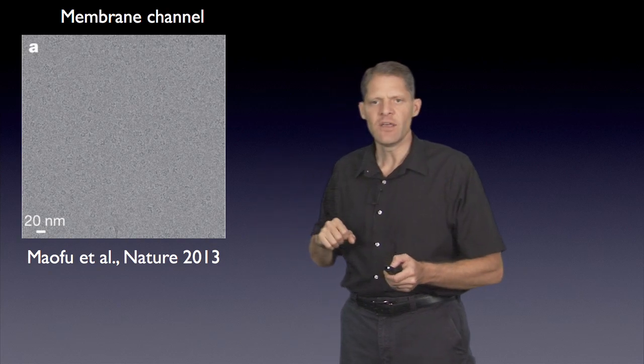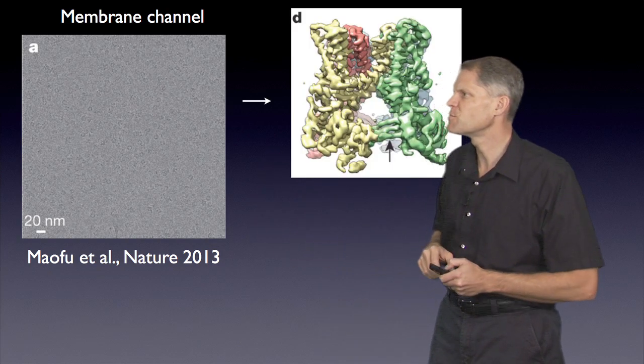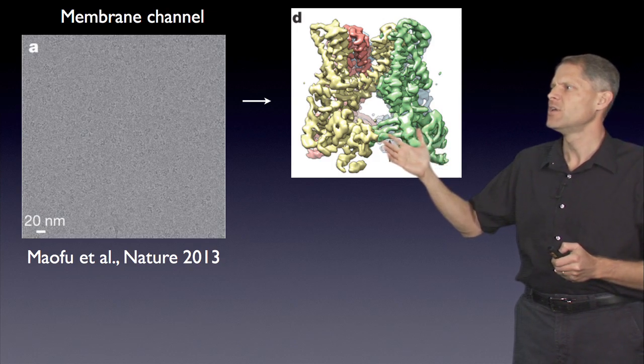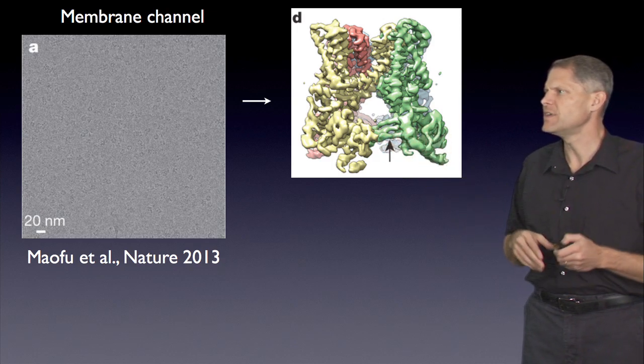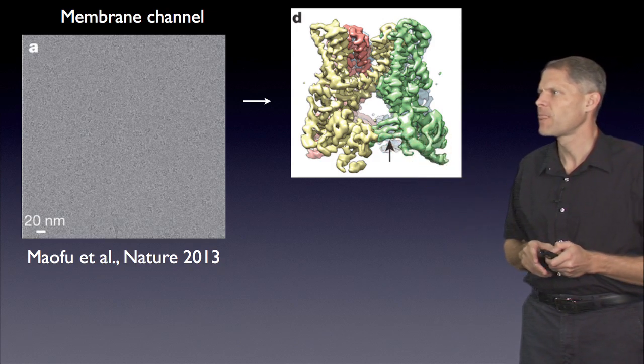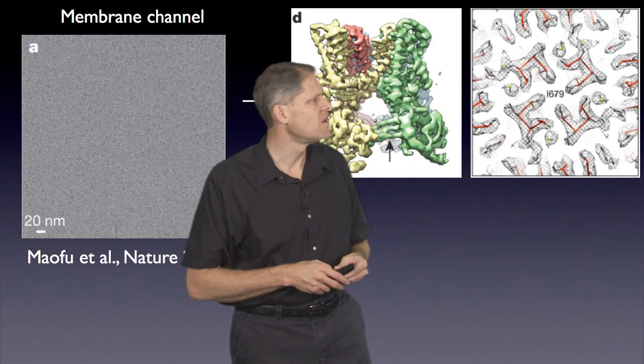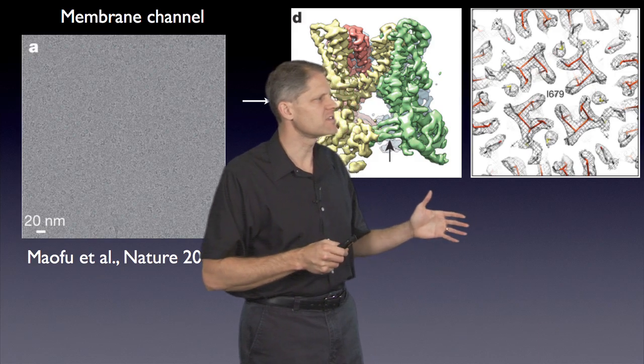And so by finding the relative orientations of all those particles, they were able to generate this three-dimensional reconstruction shown with the different subunits colored. And this had, again, a resolution sufficient to resolve important side chains.